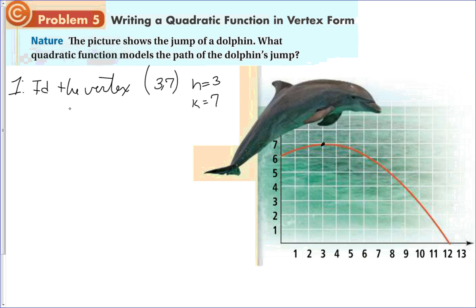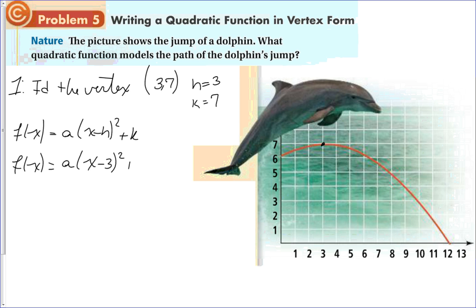Now we're going to plug that into vertex form. Remember, vertex form is a(x minus h) squared plus k. So f of x equals a(x minus 3) squared plus 7. We're not done yet because we still have to solve for a.